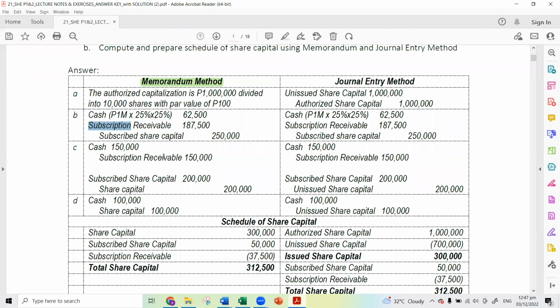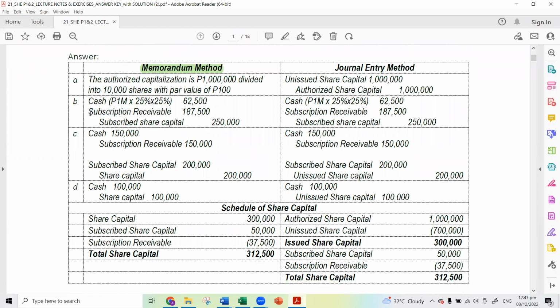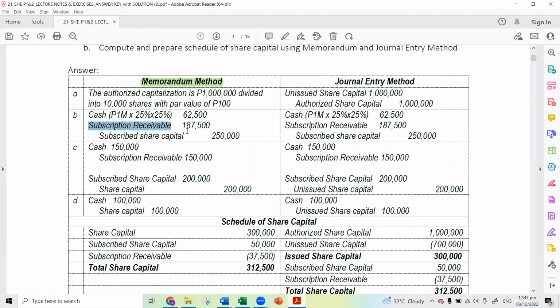When we say subscription receivable, this represents the unpaid portion. This represents the unpaid portion of the subscription price. And this subscription receivable, again, is presented as a deduction from the related subscribed share capital, o sinasabi natin kanina nung nasa Excel tayo, this is a contra equity account. This is what?